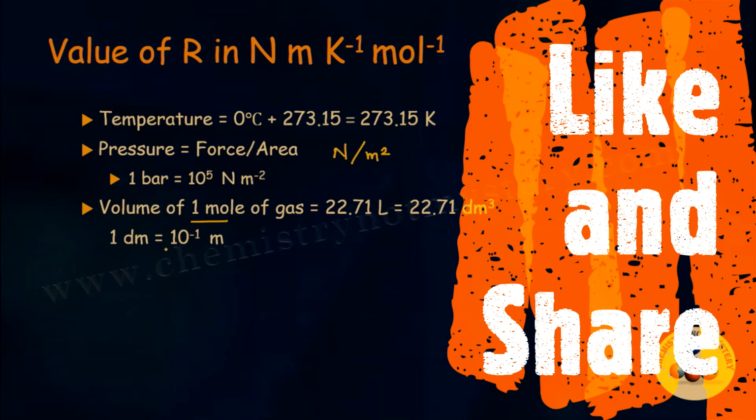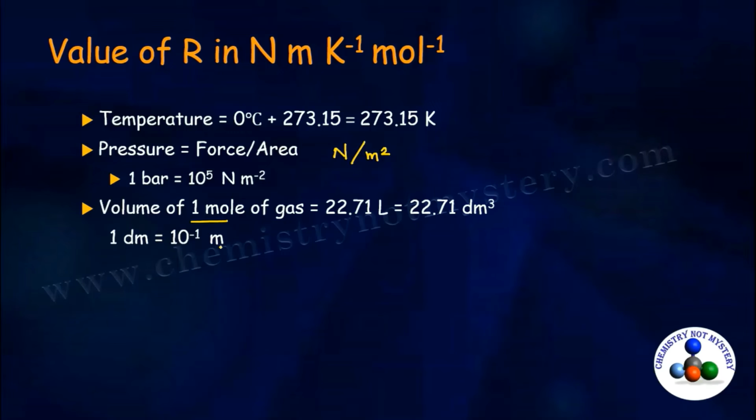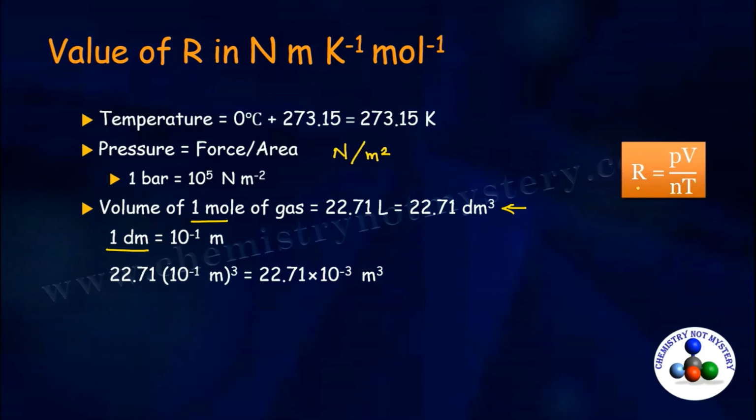1 decimeter is equal to 10⁻¹ meter. Now place the value of decimeter in this equation. So here you will get 22.71 multiplied by (10⁻¹ meter) whole cube. When you solve it, you will get 22.71 multiplied by 10⁻³ meter cube. Now place the value in the formula R = PV/nT.